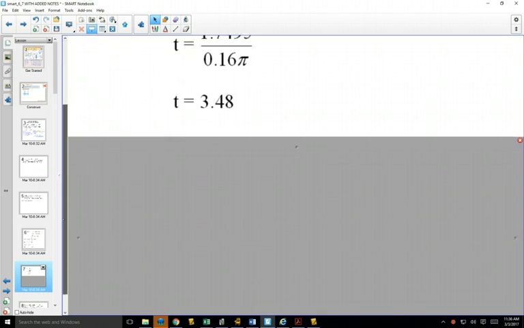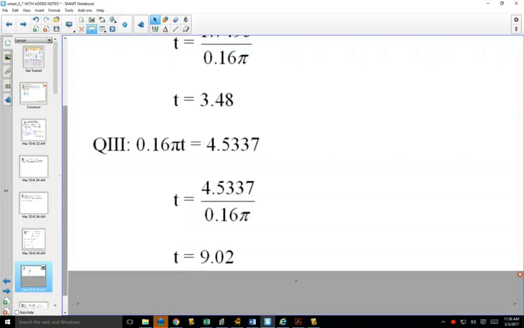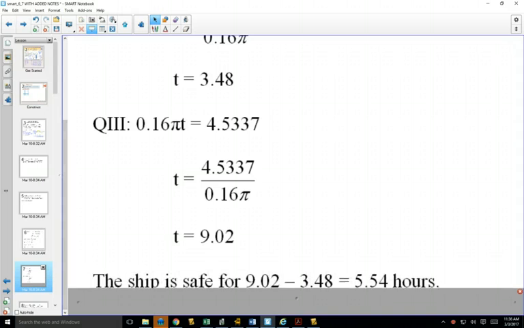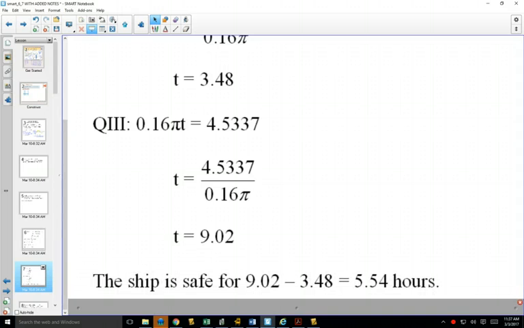Similarly, you can take your answer in quadrant 3 and solve that one, and you get your time is 9.02. So you get the exact same answer algebraically that we did with our graphing calculator.